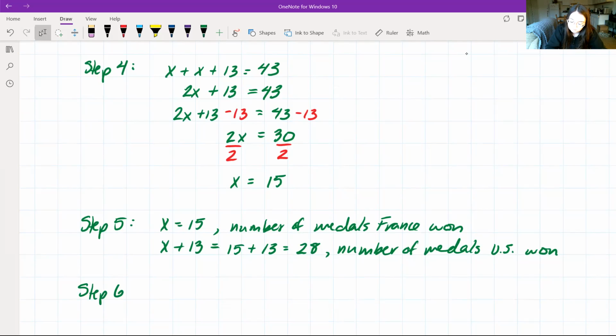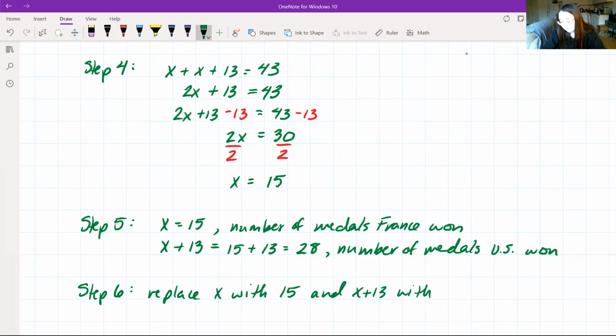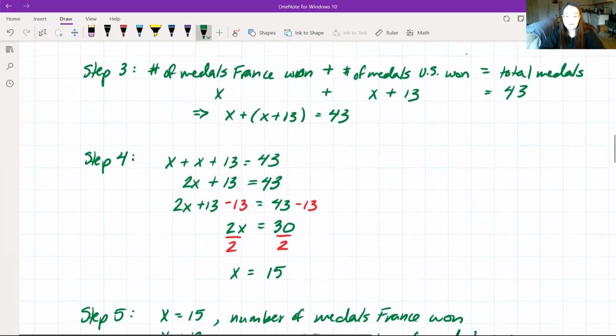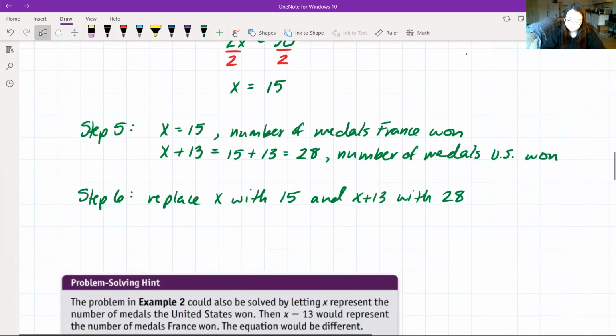Then finally in our step 6, we just want to check and make sure that these are correct. So we will replace x with 15 and x plus 13 with 28. And our original equation here, which was x plus x plus 13 is equal to 43. Ooh, we're about to run out of room again. So we had x plus x plus 13 equal to 43. We know that x is 15.